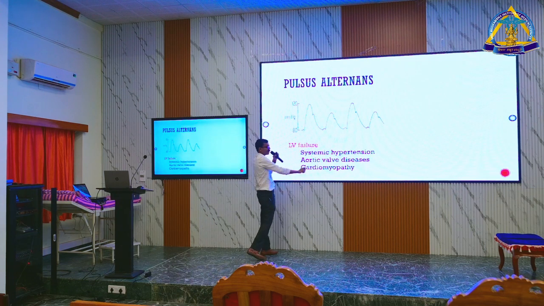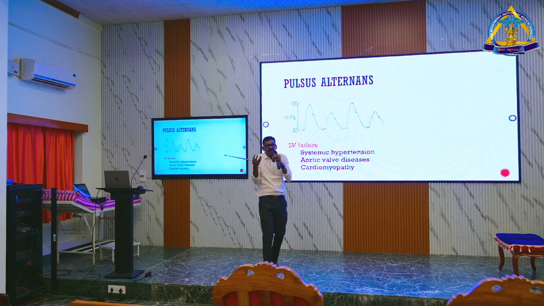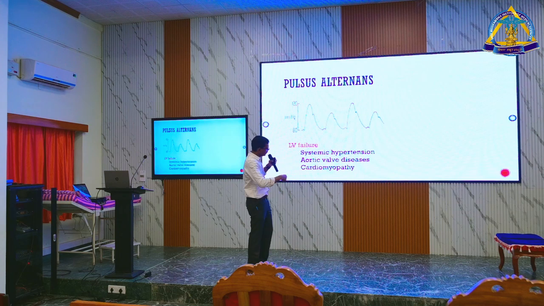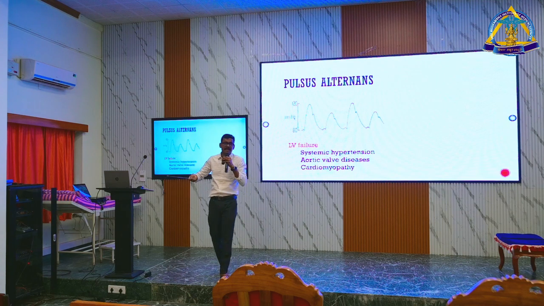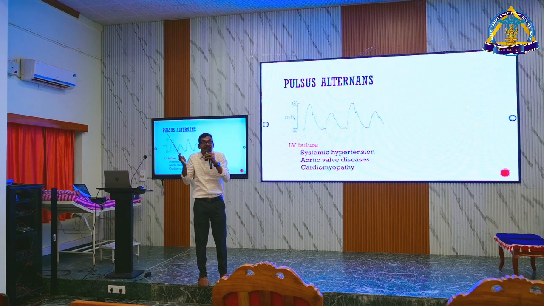If you see the pulsus alternans, you are almost sure that the left ventricle is severely bad, because basically it's the calcium mechanism. Get a lot of calcium, first contraction will be good. Everything gets depleted, second contraction bad. Next contraction, little more calcium, good, bad, like that. So it is something related to the calcium recycling in a bad left ventricle.